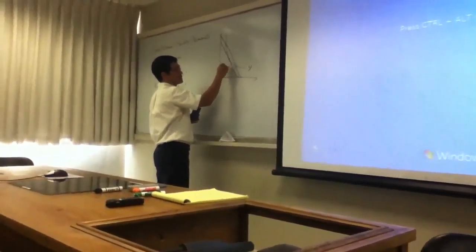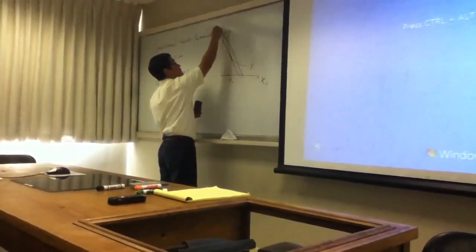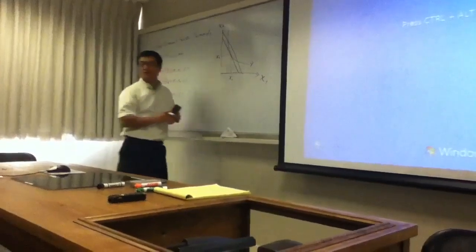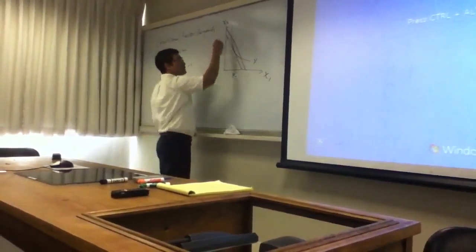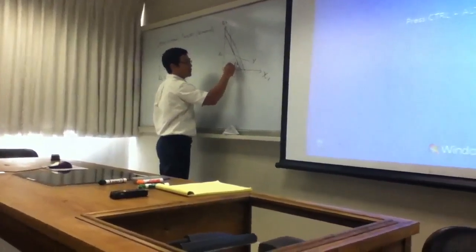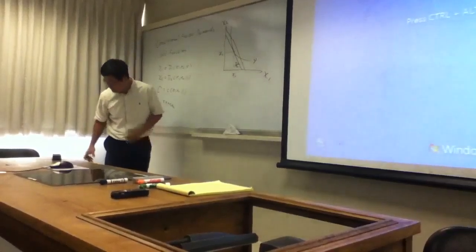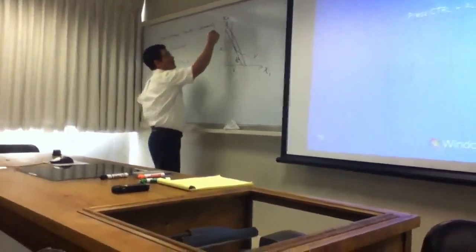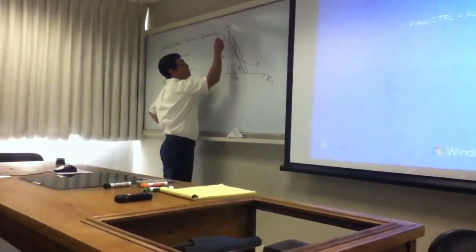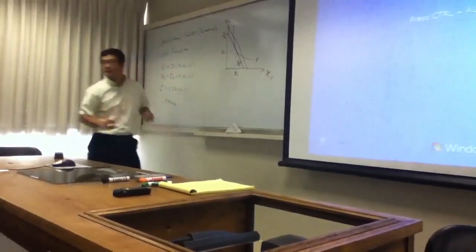This is x1, this is x2, the optimal cost minimizing point. The slope of this iso-cost line is r1 over r2. That's given, prices are taken as given. And this point is c over r2.